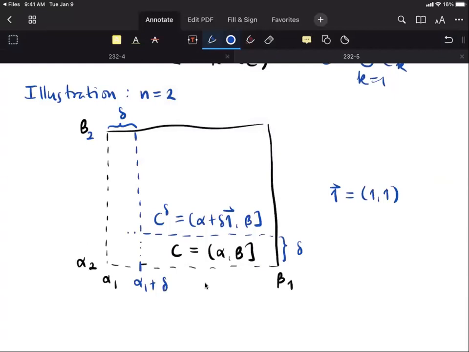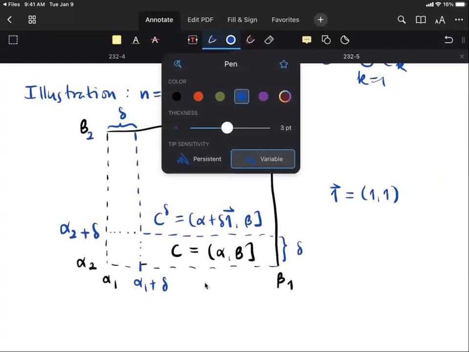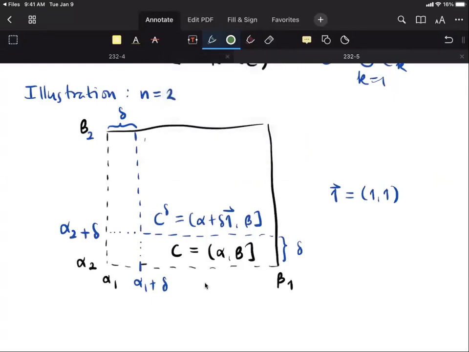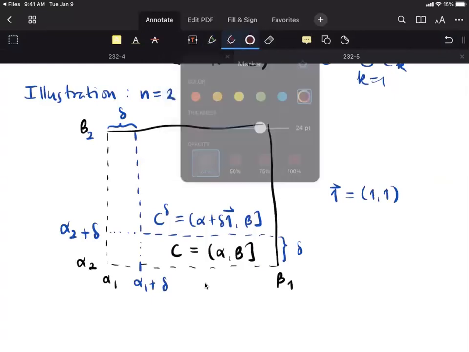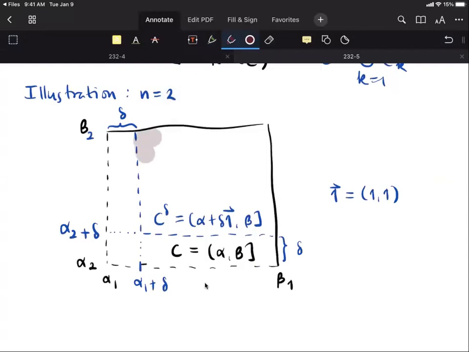And similarly, the projection of this is alpha 2 plus delta. So we take a smaller cell relative to the cell C. This is by adding delta to each of the components of the original cell C. And in that case, you will get a smaller cell, and that would be C delta.